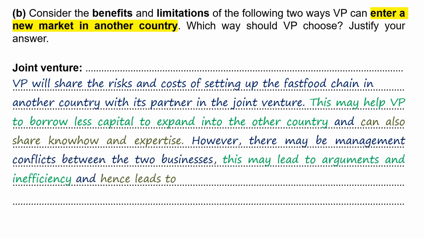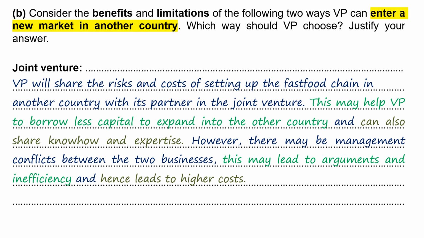This may help VP to borrow less capital to expand into the other country. The first green sentence is the first analysis part, and the next line, and can also share know-how and expertise, is develop analysis.